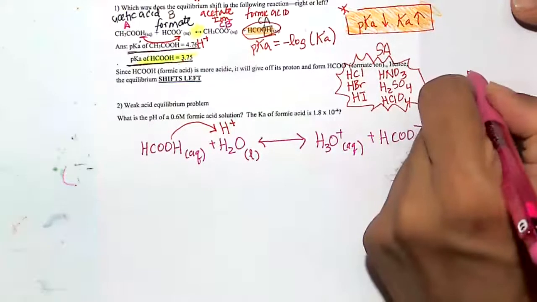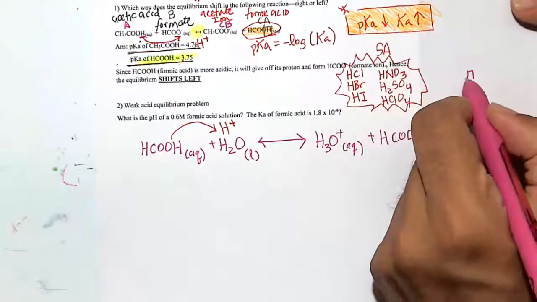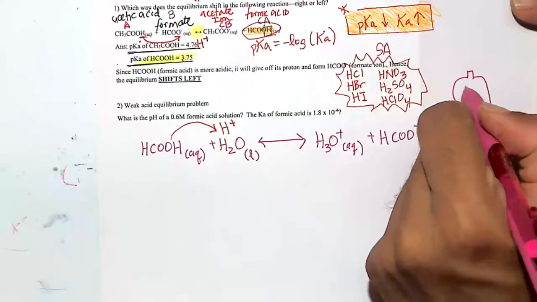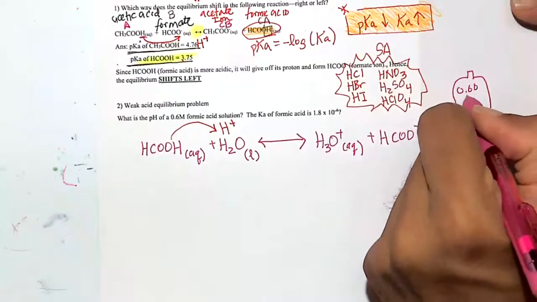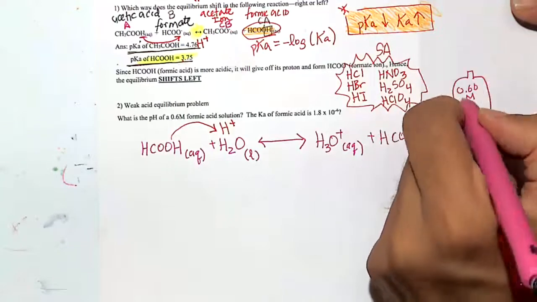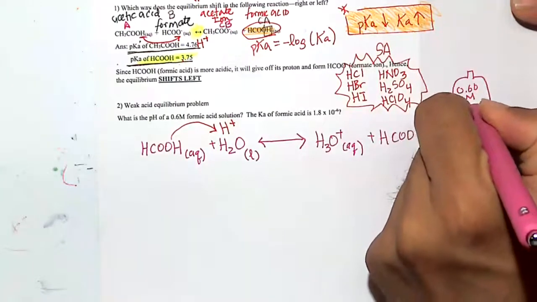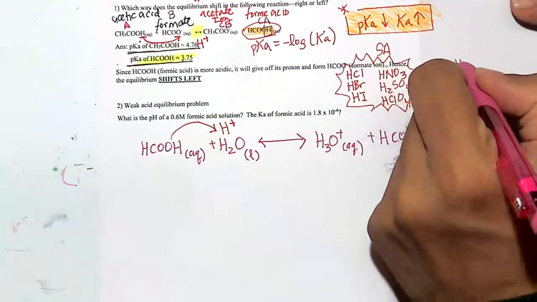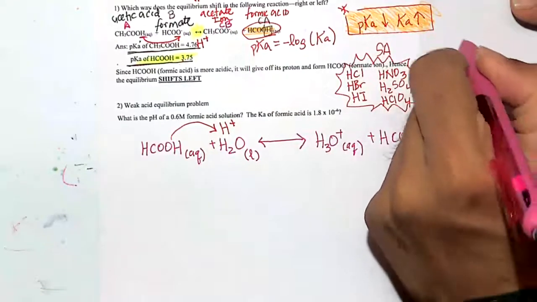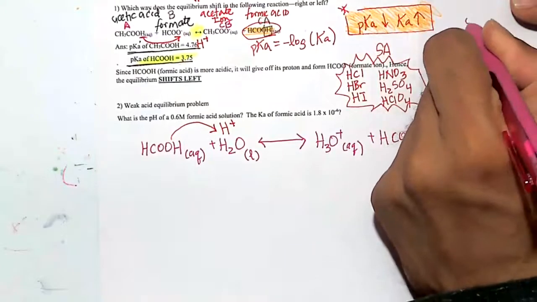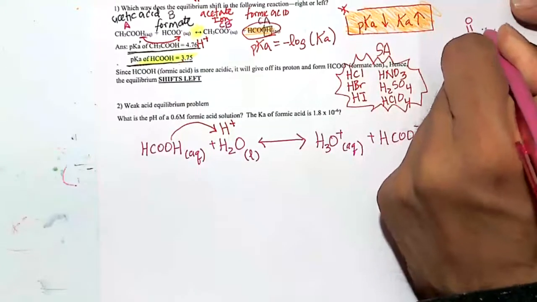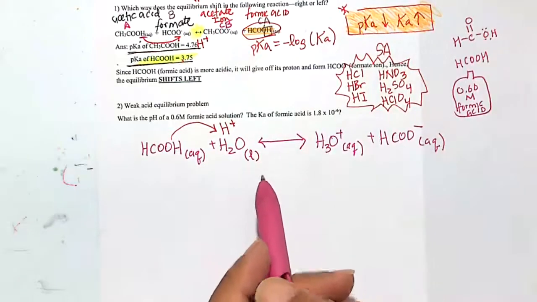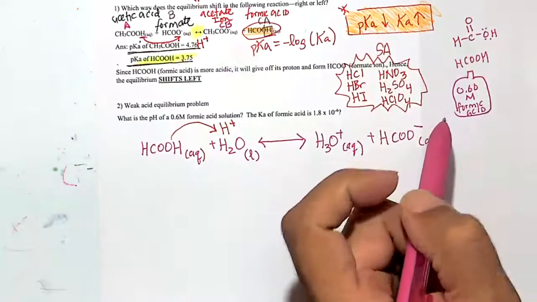Right, so what this means is that if I have a bottle of this formic acid, it's not just HCOOH that's in this bottle of formic acid, 0.6 molar concentration.